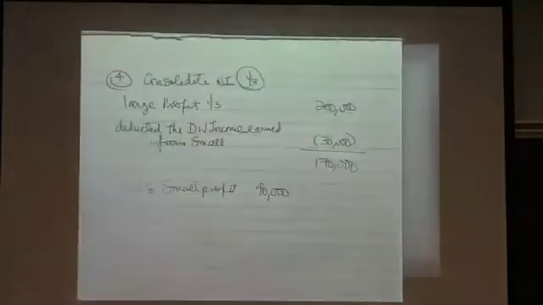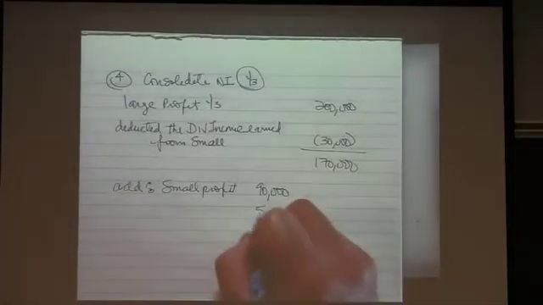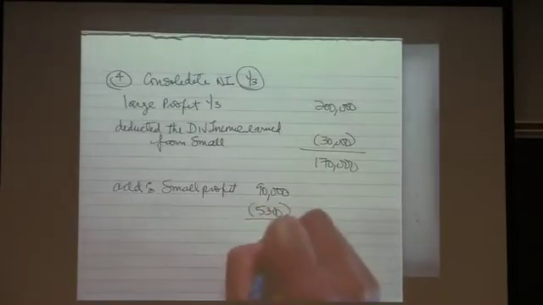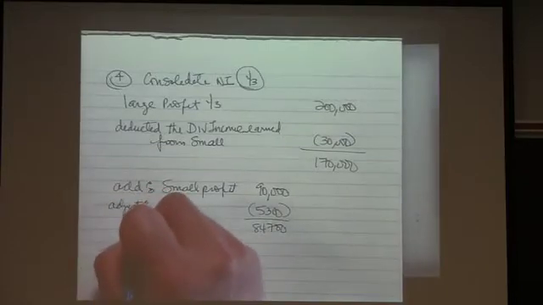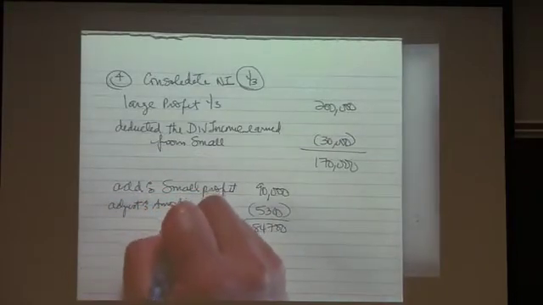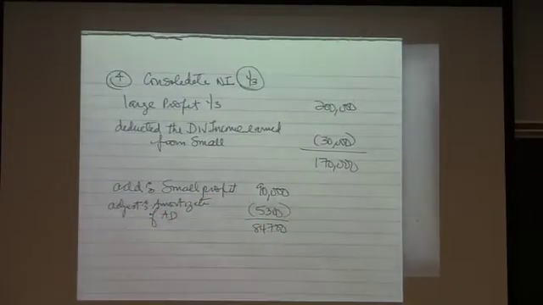So we're going to adjust that by $5,300. This is the adjustment for the amortization of AD, and I labeled that as E, wasn't it?